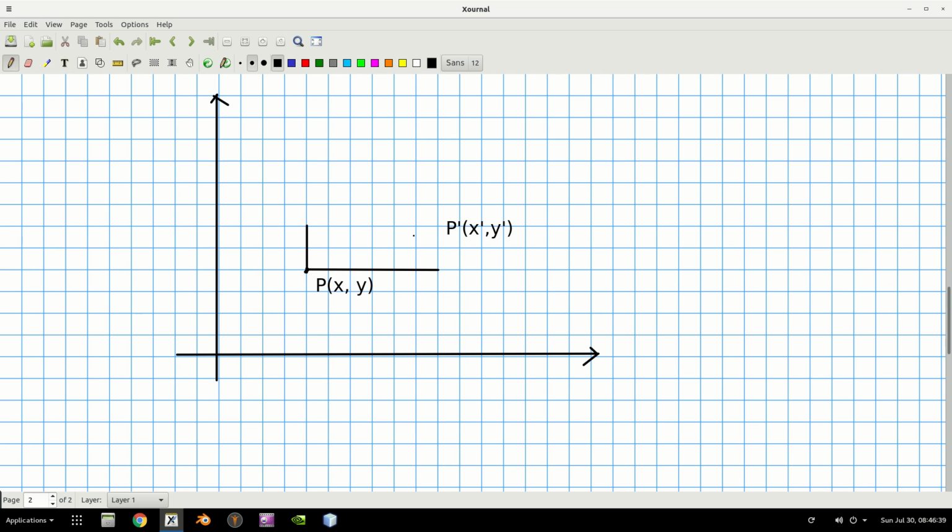So we want to find out what's going to be the coordinates of the new location. Okay, so what we know so far is that our initial location is at 1, 2, 3, 4. It's actually at 4, 4, right? P is at 4, 4. So what's going to be the new location for P prime, or P rather?